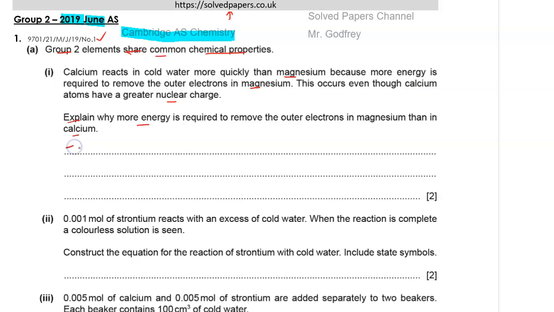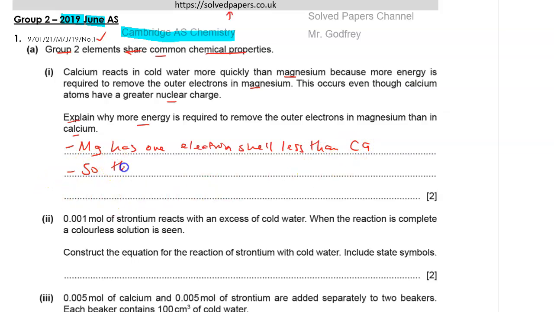So you would write that magnesium has one electron shell less than calcium.